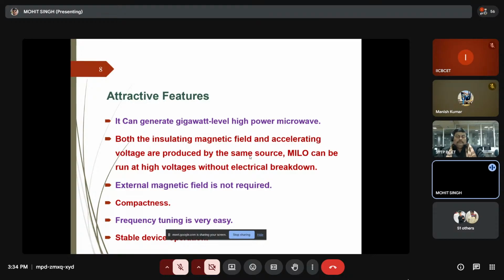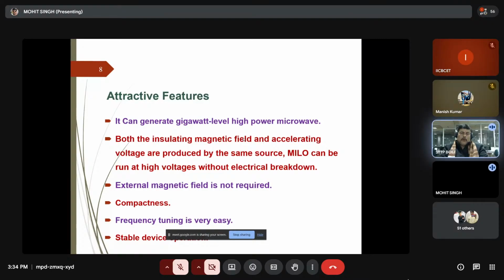That electric field results in the explosive emission of electrons. Those electrons create the current, and that current results in the formation of the insulating magnetic field. The same source which we apply for the electron beam generation is also useful for the insulating magnetic field.